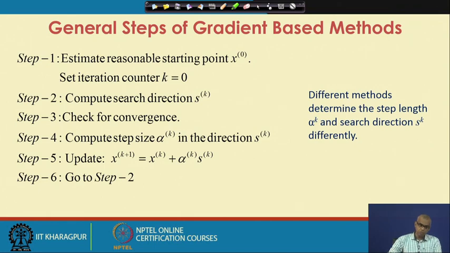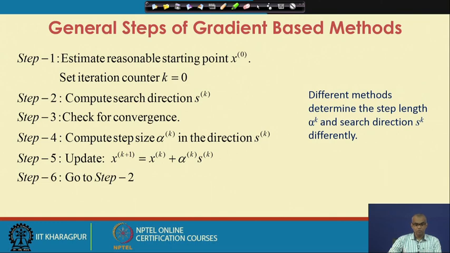In step 2, we compute search direction S. So, we need to find out the direction in which x will change. Step 3, we check for convergence. If convergence is achieved, we stop, else we go to step 4.